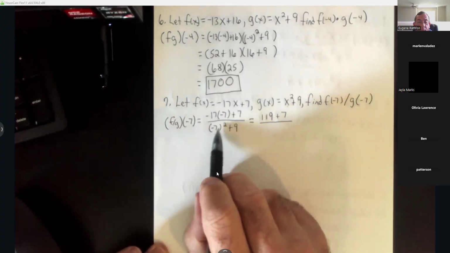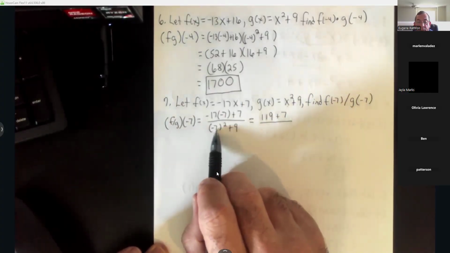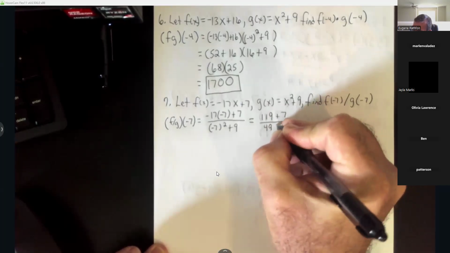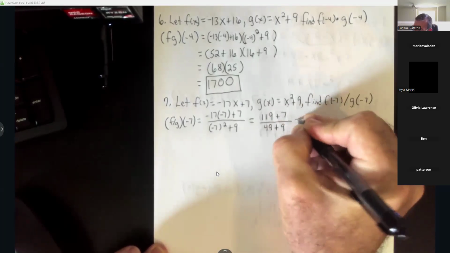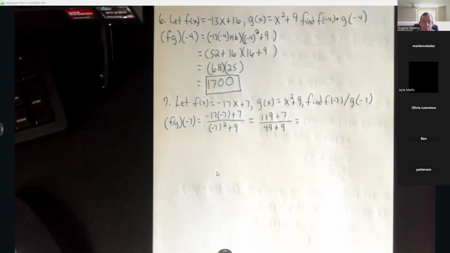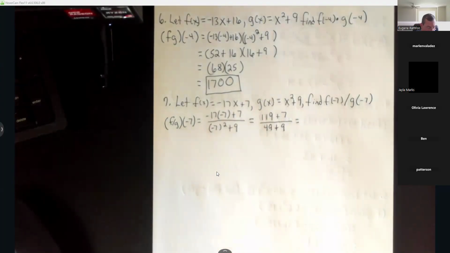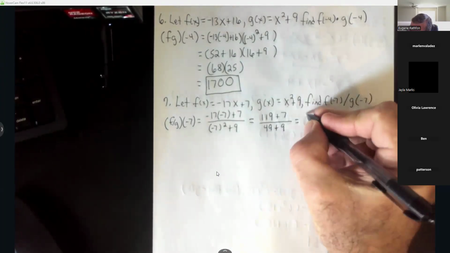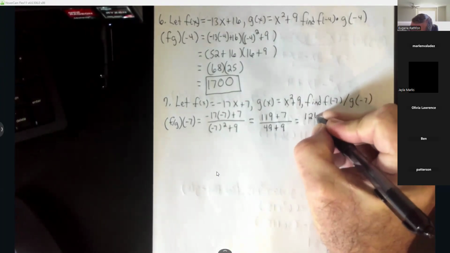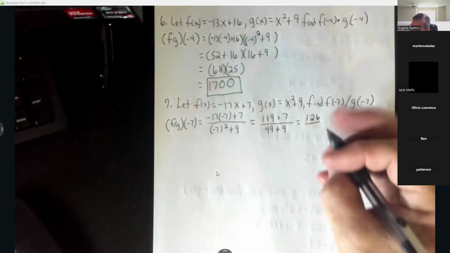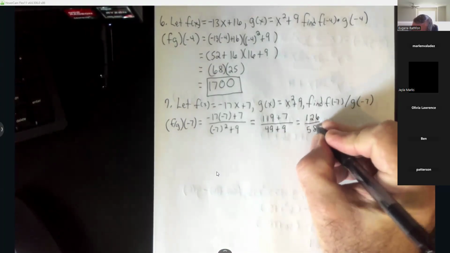And then on bottom, negative 7 squared would be a positive 49 plus 9. Continuing on across, I'm going to add them together. So 119 and 7 give me 126. 49 and 9 give me 58.